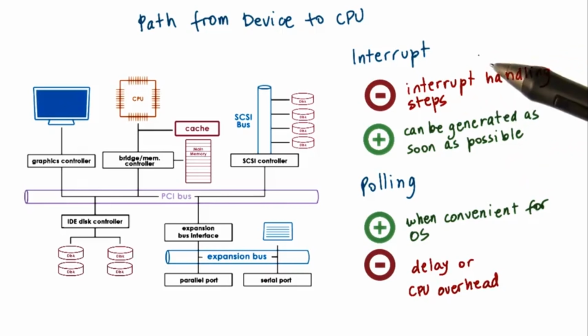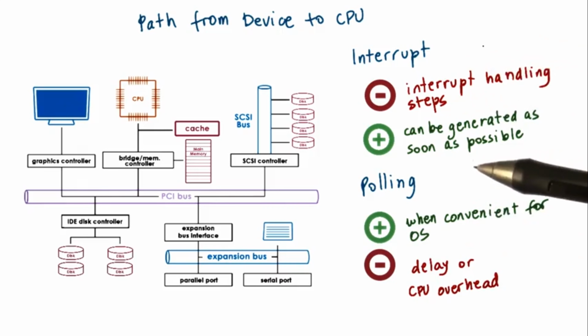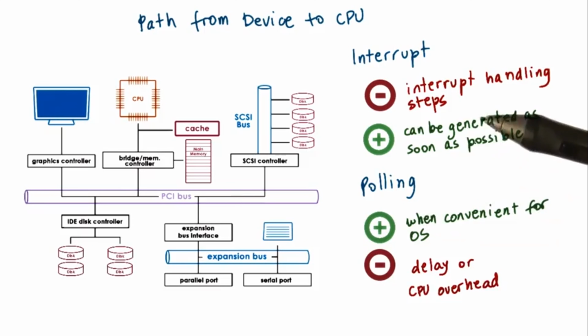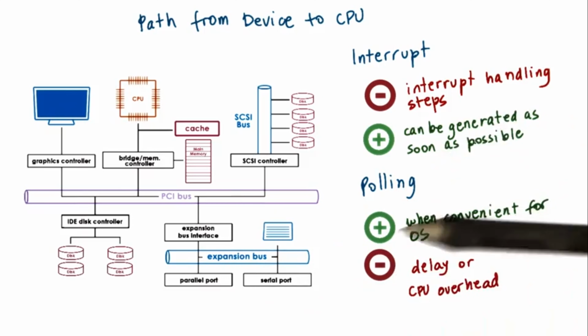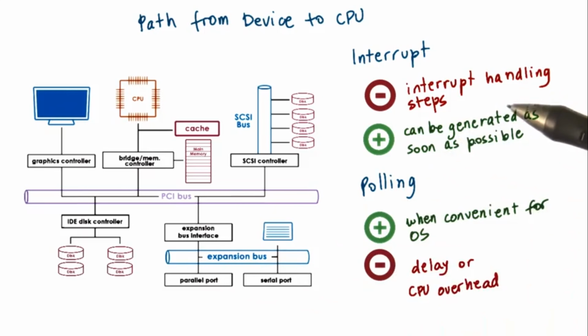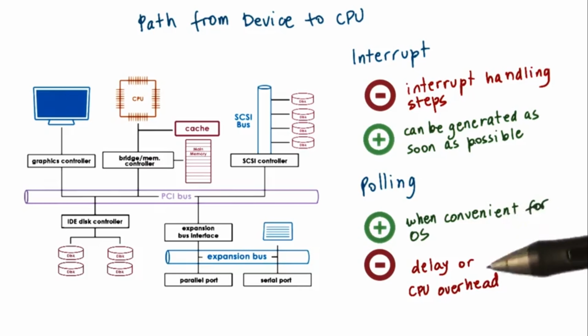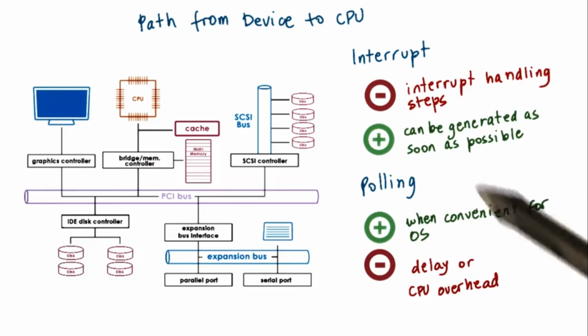So all of these are overheads, but on the flip side, it is possible to trigger an interrupt as soon as the device has something for the CPU, some kind of notification or some kind of data.